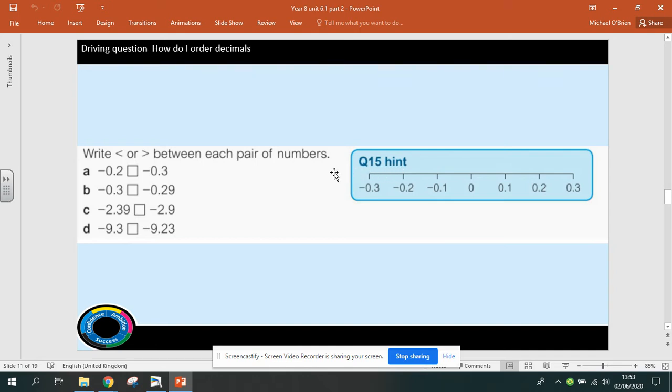And minus 0.25 is smaller than minus 0.2. It's also bigger than minus 0.3. So bear that in mind as we're working our way through our next set of questions. So pause now, answer the questions, turn it back on when you're ready.